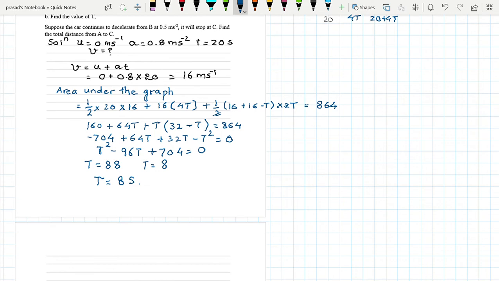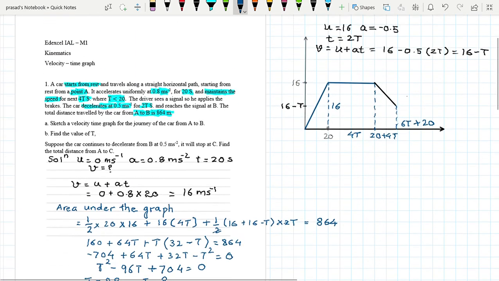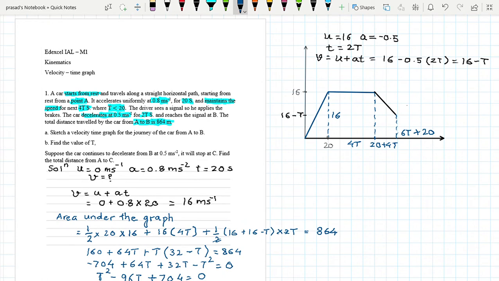So if I put it back here, 20 plus 40, t is 8. 8 4s are 32 plus 20, that is, this is 52.